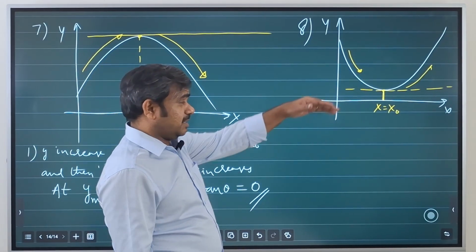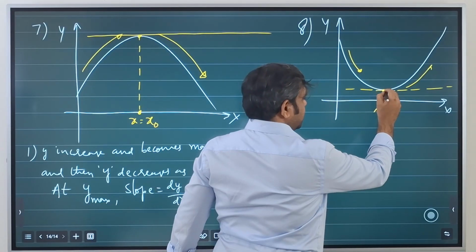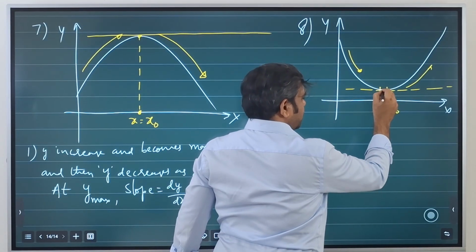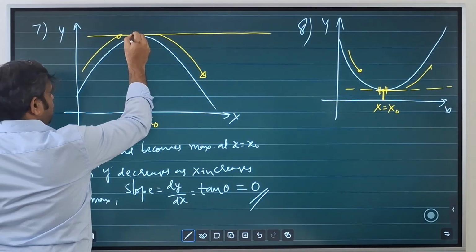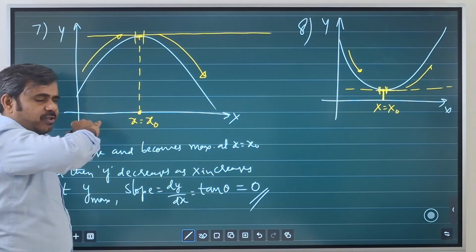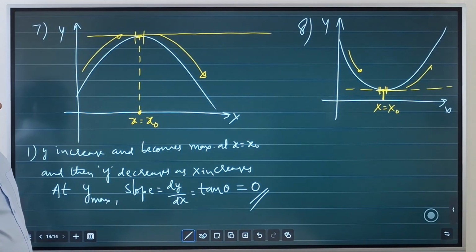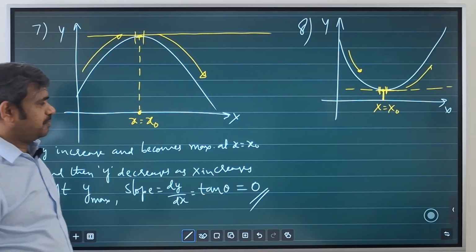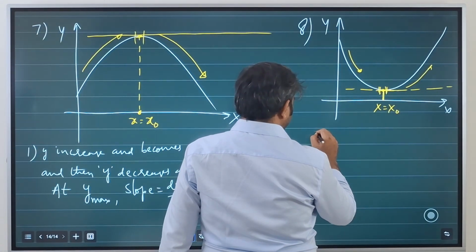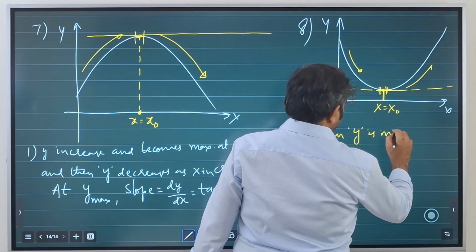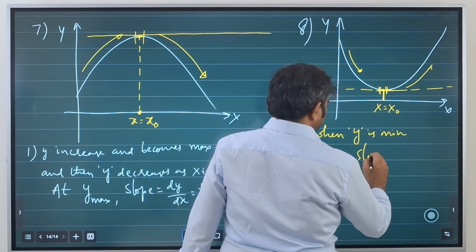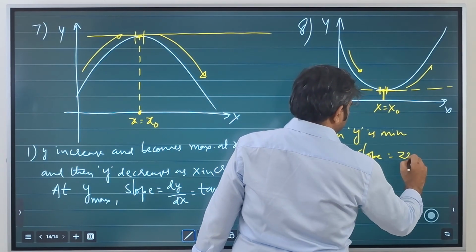The tangent is parallel to x-axis. In a small interval around the minima or around the maxima, the graph is flat. Slope is 0. So when y becomes minimum, slope is equal to 0.